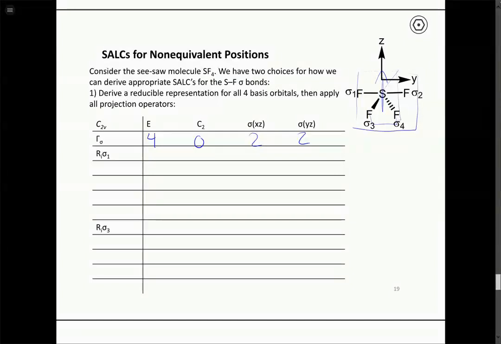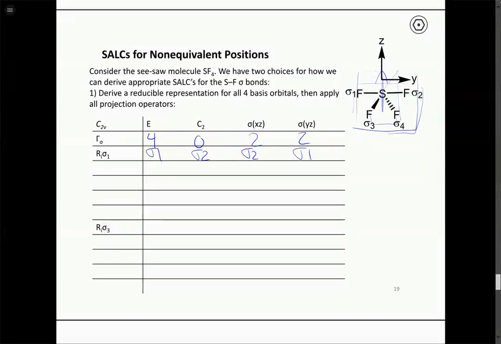So if we apply the projection operator starting with sigma 1 and do all the operations, C2 moves sigma 1 to sigma 2, sigma xz, which is perpendicular to the board, is going to interchange 1 with 2 also, and then yz, which is the plane of the page, is going to interchange 1 with itself. So that's the result of doing the operations on sigma 1, and as I said, because you have non-equivalent positions, the operations only interchange sigma 1 with sigma 2.